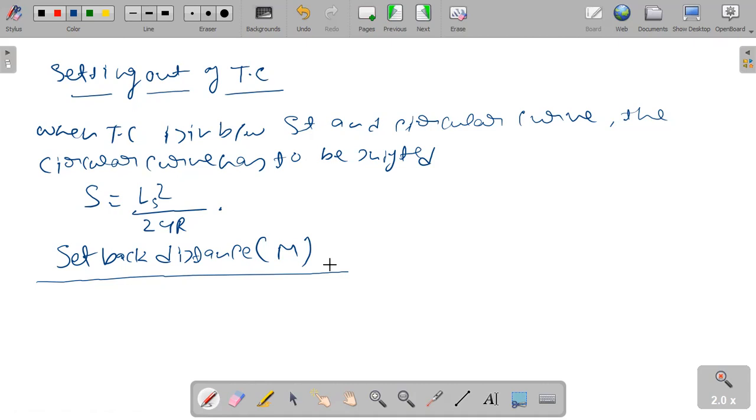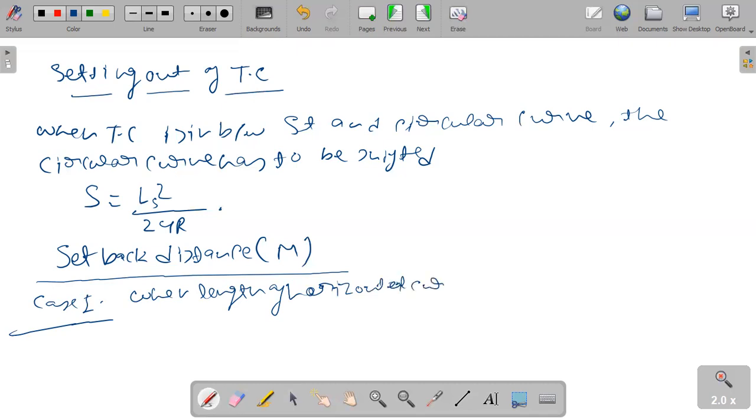So case one: when length of horizontal curve Lc is greater than sight distance.